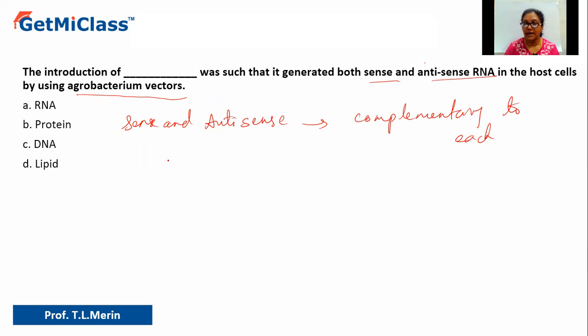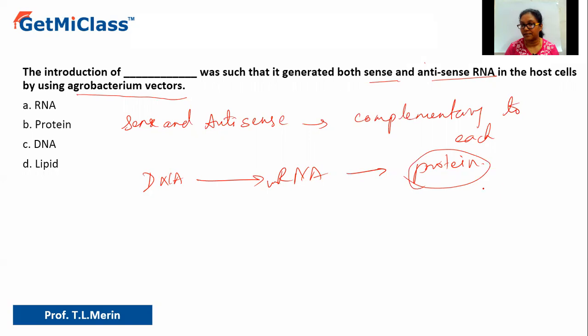Now we know that RNA is formed from where? It is actually formed based on the information of the DNA. So we know the central dogma, the DNA will code for RNA, that is mRNA. And further, this mRNA will code for the protein. Suppose you have an organism which is causing a disease, and that disease is caused due to the production of a particular protein.